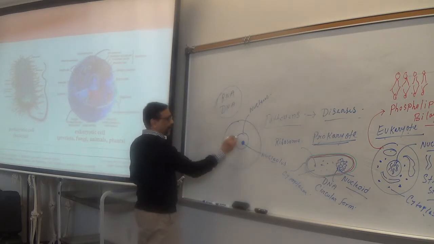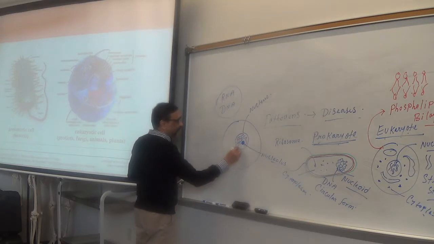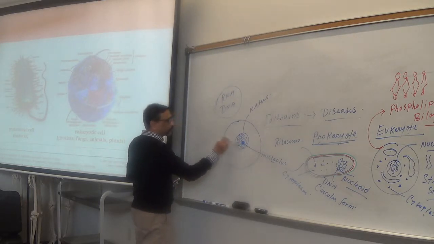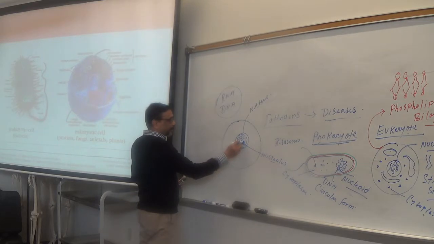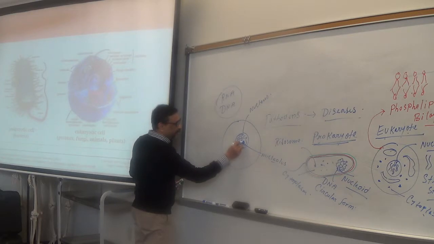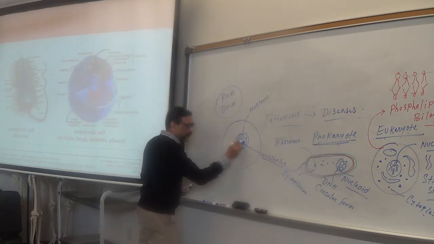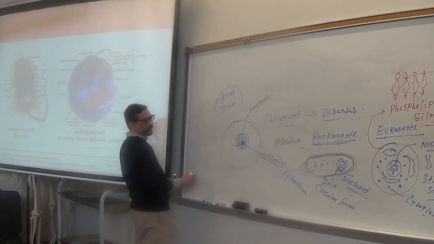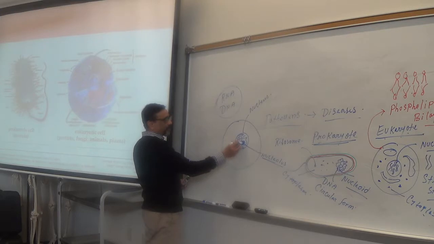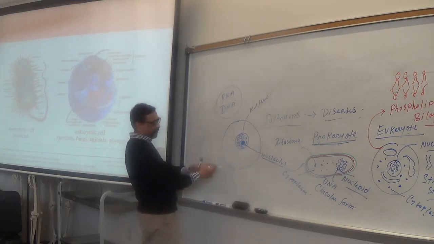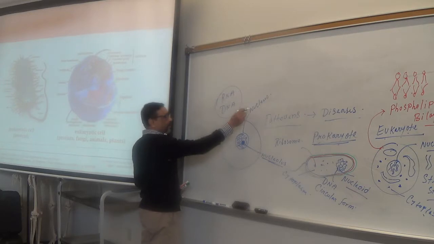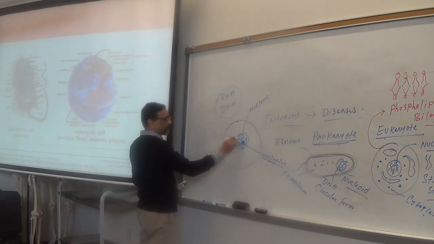Okay, and you have chromatins, thread-like structures, and chromatins are heavily packed in the nucleolus. That's why it is a dark or deep color inside the nucleus. So chromatins are heavily packed inside the nucleolus, but chromatins are also present in the nucleoplasm, that means in the nucleus.